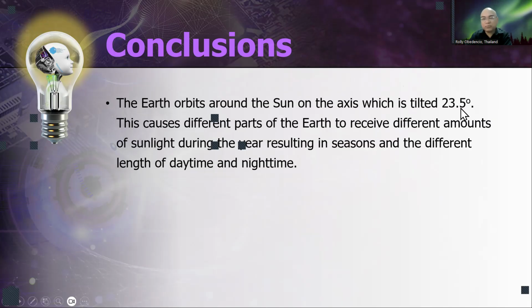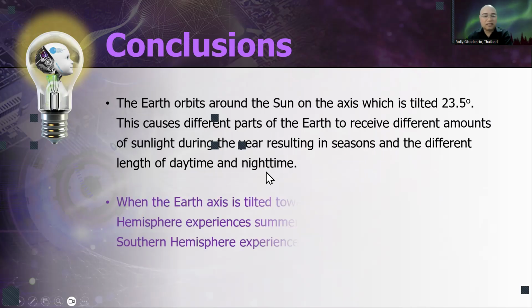It's just tilted 23.5 degrees. This causes different parts of the earth to receive different amounts of sunlight during the year, resulting in seasons and the different length of daytime and nighttime.